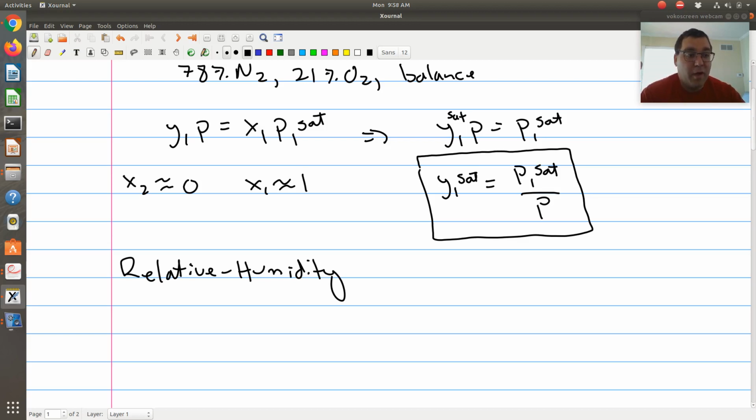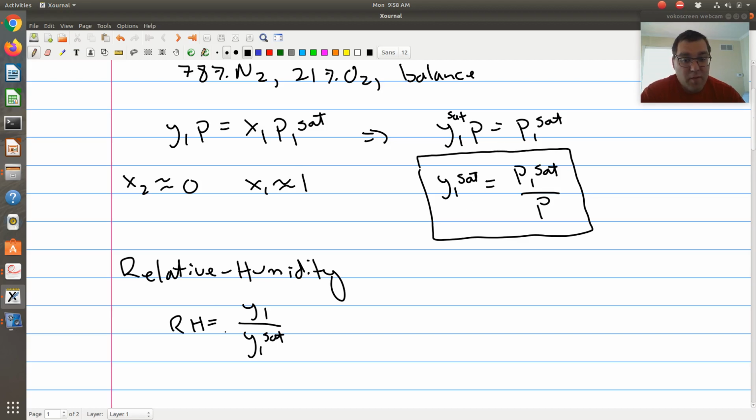And so the whole idea behind relative humidity is, how close am I? Relative humidity is defined as y1, the composition of water in that vapor phase, relative to y1 sat. y1 sat corresponds to the saturation composition of water at T and P. Remember, P1 sat is a function of T, P is P. So at a given temperature and pressure, I can measure y1 in my vapor phase, then I can calculate y1 sat via this expression.